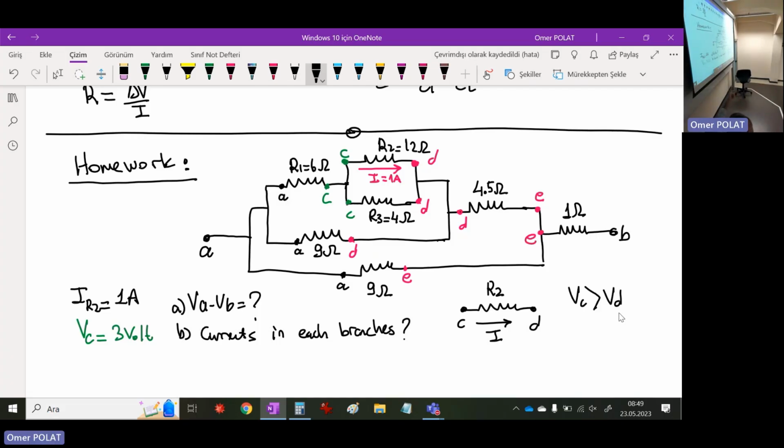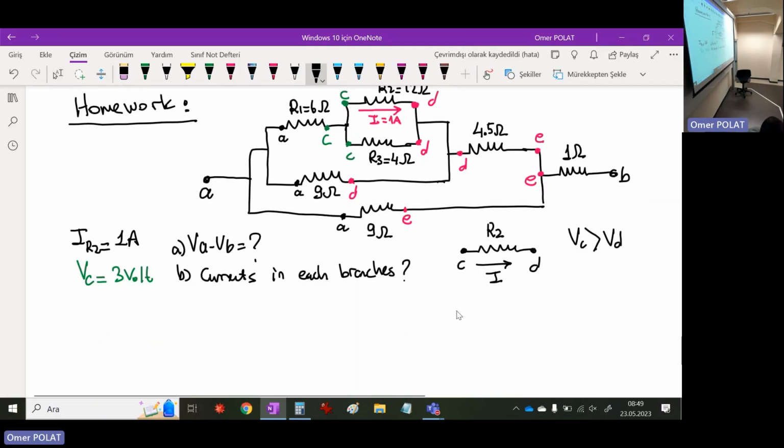Because current always flows from high potential to low potential. So the potential at C, which I can read with my voltmeter, is bigger than D. So VC minus VD is a positive number. VC minus VD, the potential difference, this is delta V, from Ohm's law, I times R.